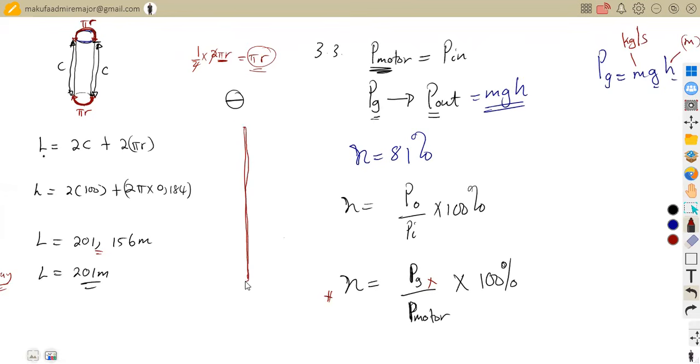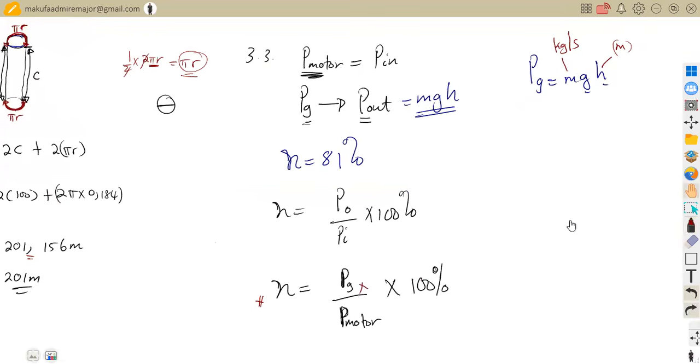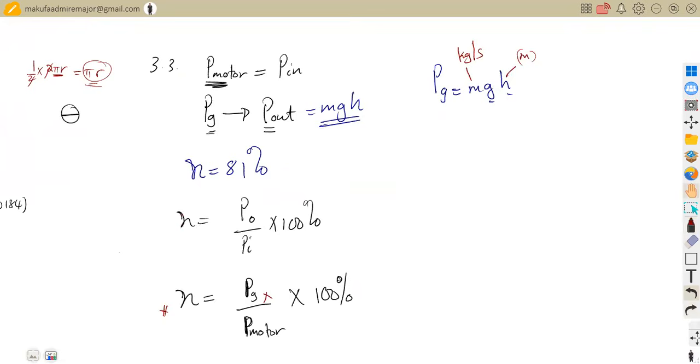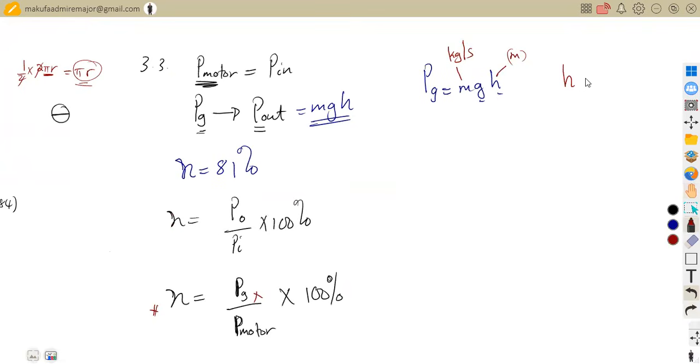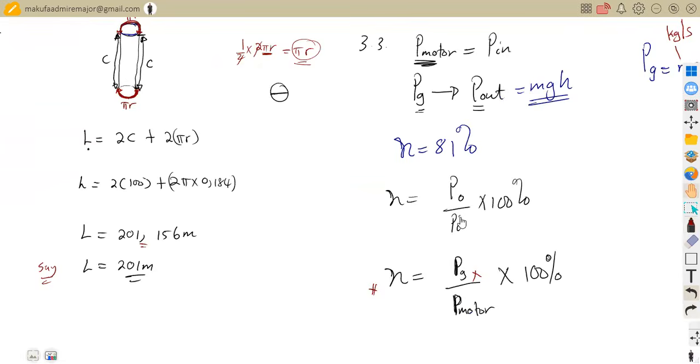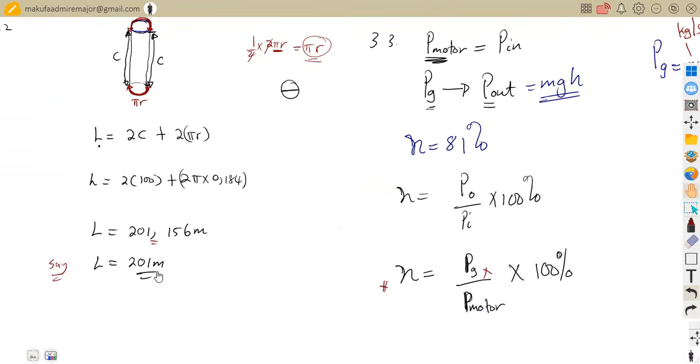We are not cutting this chain, so that's why we divide by 2. So our h, from the length of the chain divided by 2, is going to be the length of the chain, which is 201 in this case.